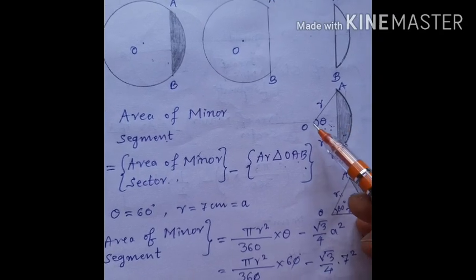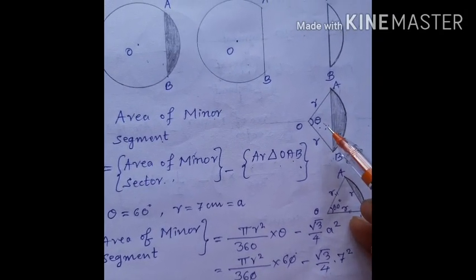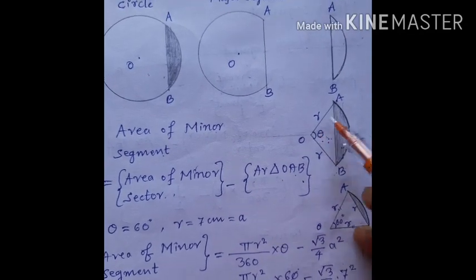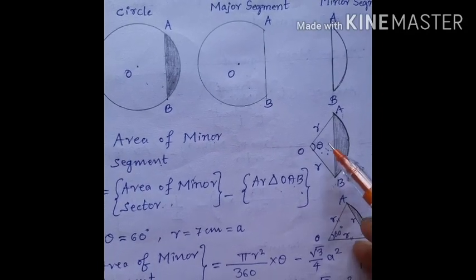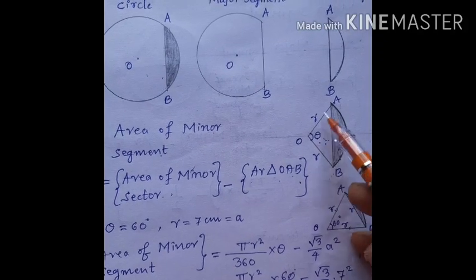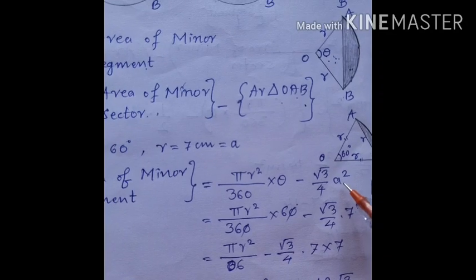If the triangle involved in this sector is an equilateral triangle, then these two radii and this chord will all be equal. Therefore, it is an equilateral triangle. That's why to find the area of this equilateral triangle, we use the formula root 3 by 4 a square.